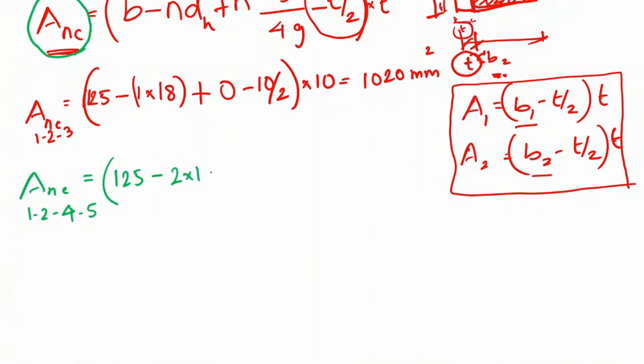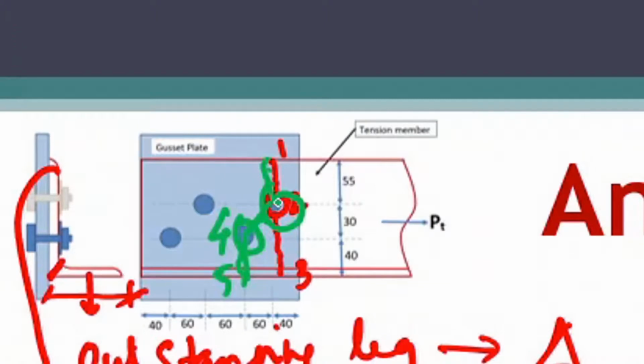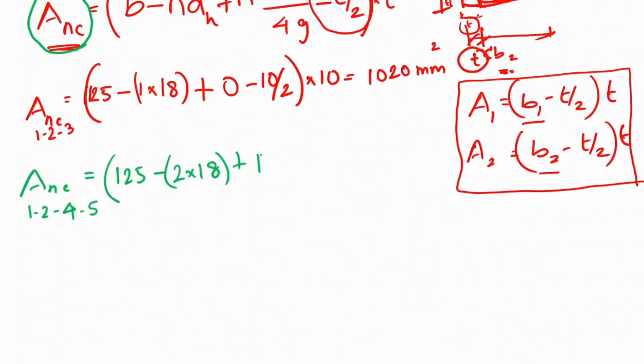So 2 times bolt hole plus, is there any staggered path in our section? Yes, from 2 to 4. So the pitch in the loading direction is 60 in that staggered path, and the gauge is 30. So only one staggered line, and n dash is 1. So the staggered term is 60 square upon 4 times the gauge 30, minus T by 2 multiplied with the thickness T, and the area we are getting is 1140 mm square.